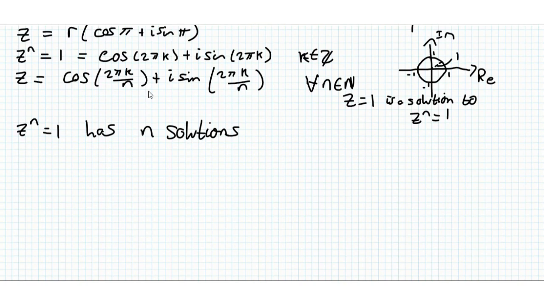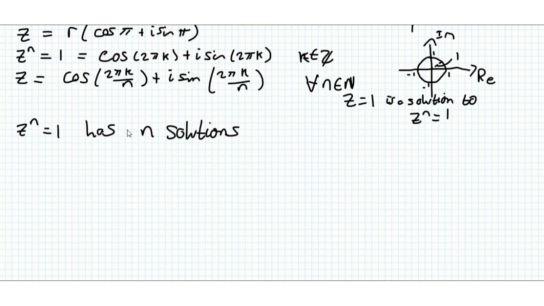So we have two solutions for when n is equal to 2: k equals 0, k equals 1. And the same logic applies for every other n. So if you have n equals 5, you get 5 solutions before the solutions are non-unique. You're just going back round the circle, right?